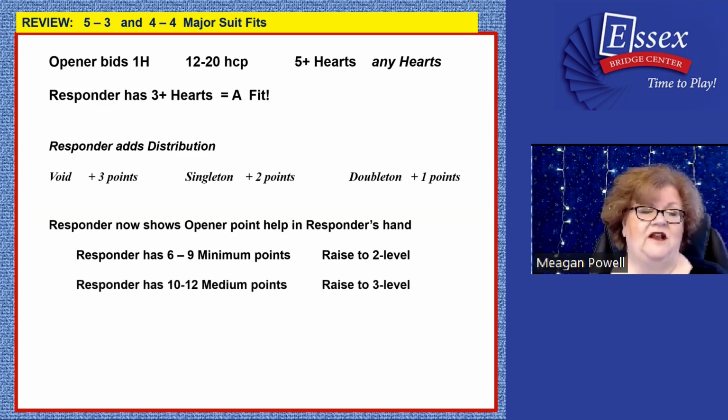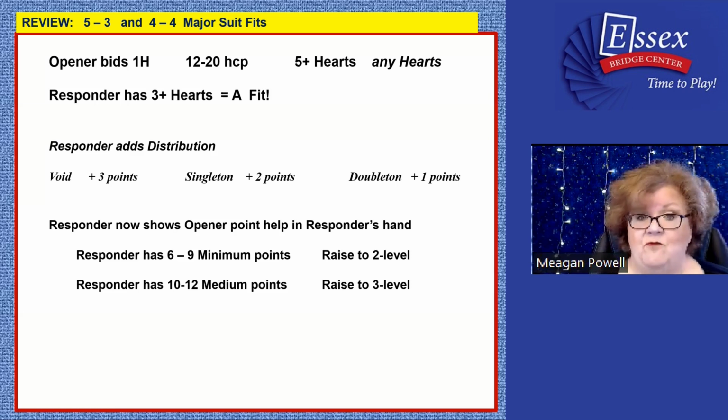If you had 10, 11, or 12 medium responding points, then you should go to the 3 level, 1 level below game level. Think of it this way, and I will say this again in a few minutes. If I'm your partner and I've opened with 12 to 20, and I'm only 12, your responding 10 to 12 is getting us much closer to 25 points already.